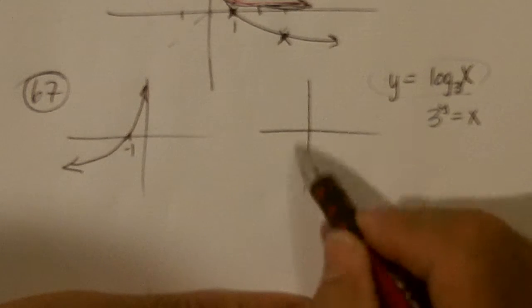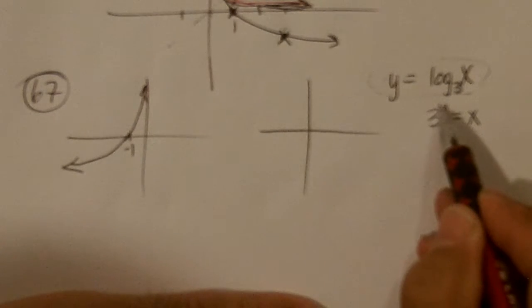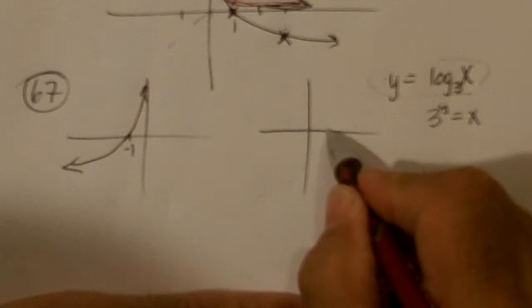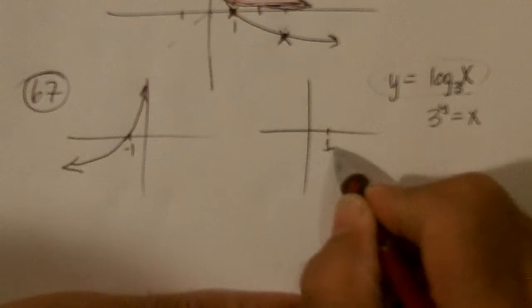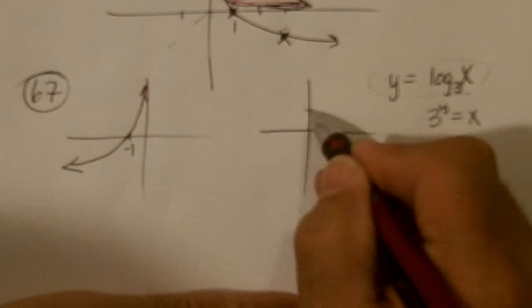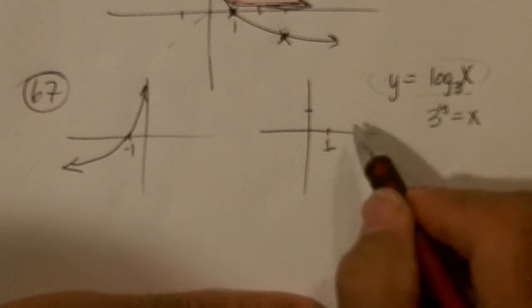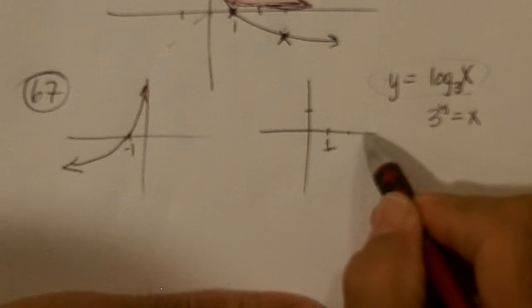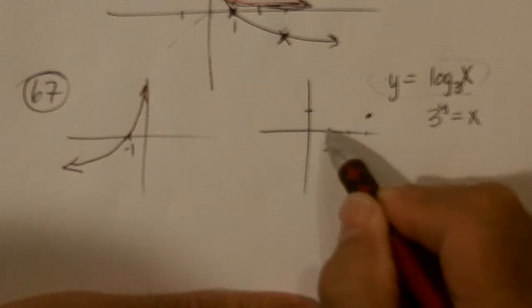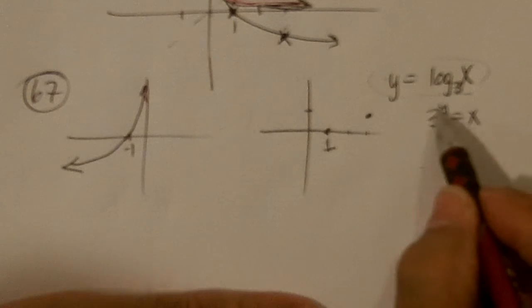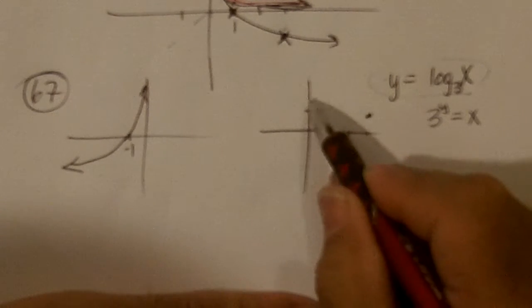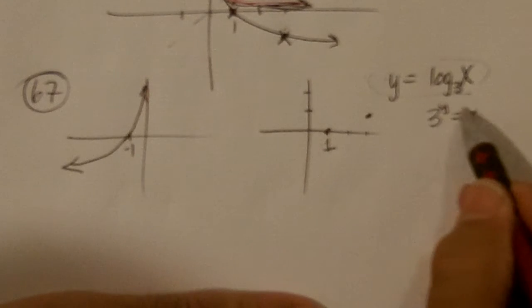So if y is 0, x is 1. If y is 1, x is 3. If y is 2, 3 to the 2 is 9.